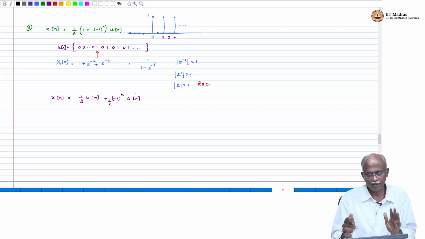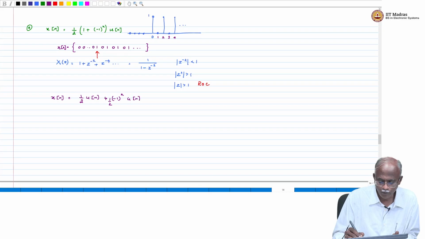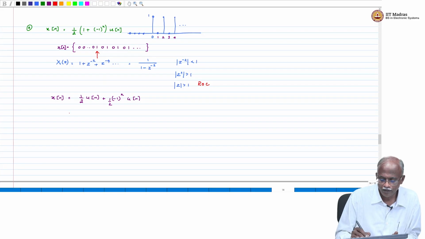Two sequences. Supposing somebody didn't tell me that I'm going to add them up, I think of them as two separate sequences for which I want to compute the Z transform. Okay, so x of z in this case will be 1/2, and we know the Z transform of u of n is 1 over 1 minus Z inverse, region of convergence mod Z greater than 1.